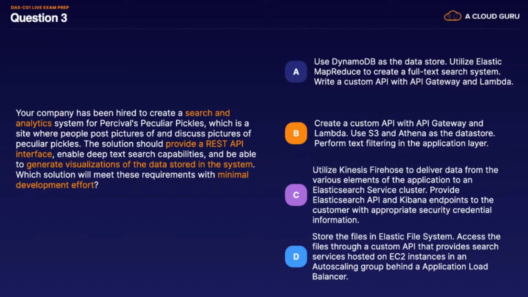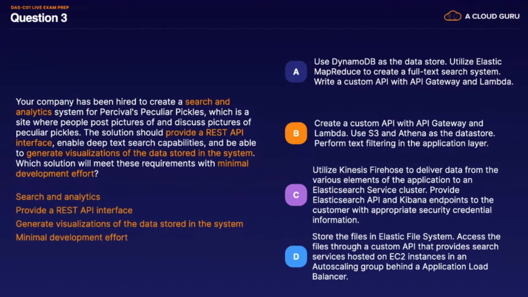And we need to perform search and analytics. When we're talking about AWS data analytics systems, there's really only one service that is going to provide us with a very robust fuzzy text search service, which also is going to lead us to the correct answer.